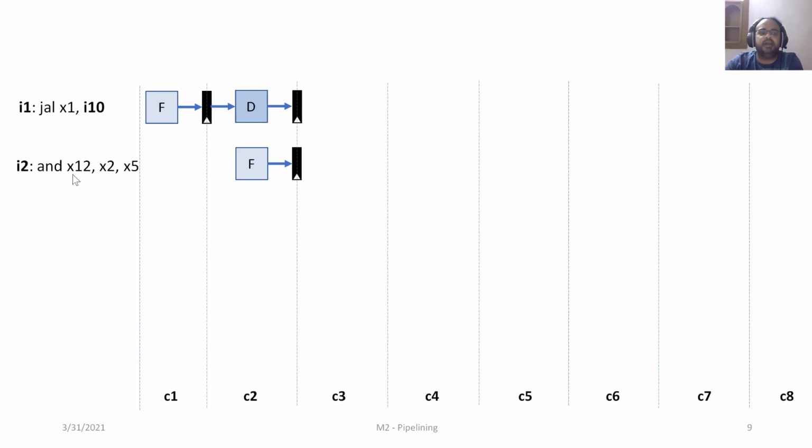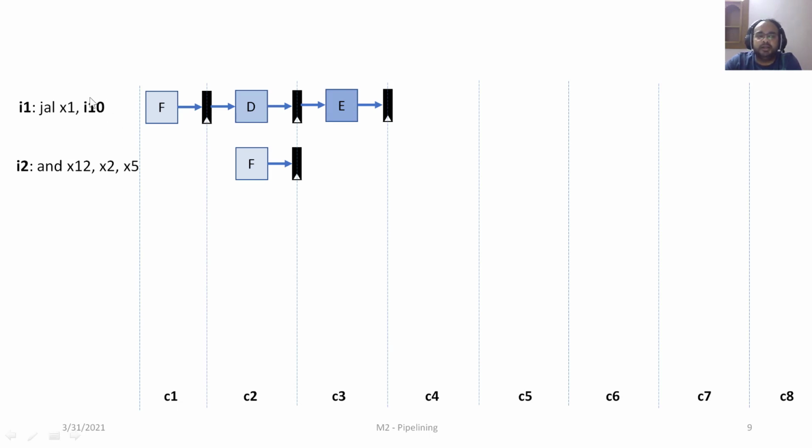Let's say it is AND X12, X2 and X5, right? By the end of cycle 2, we know that it's a JL instruction, and in cycle 3 we are going to calculate the new PC.